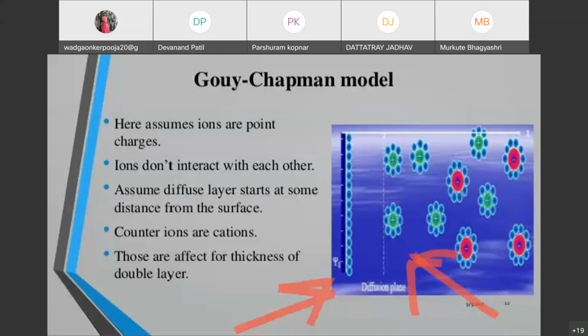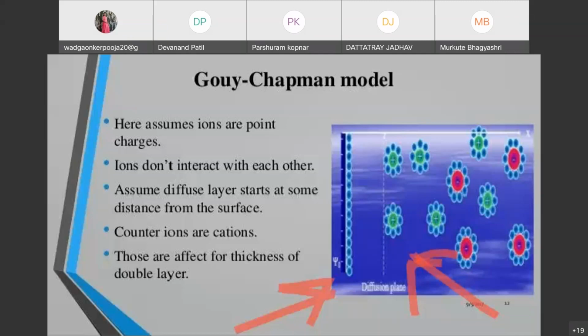So these ions are not interacting with each other very easily, as they were interacting in the Helmholtz model.